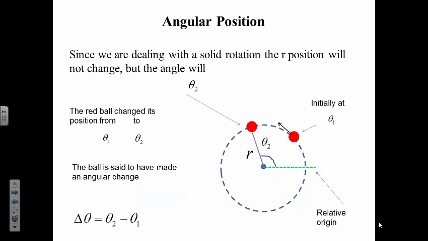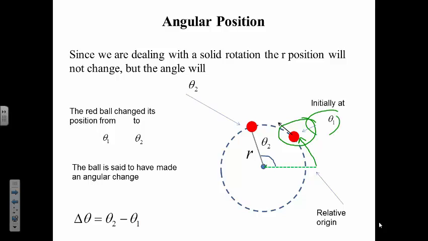So what we want to do now is begin to rebuild our kinematics, but using rotations and angles. So let's do this. Let's assume that our object is rotating at some rate, and initially our ball is located here at some angle.